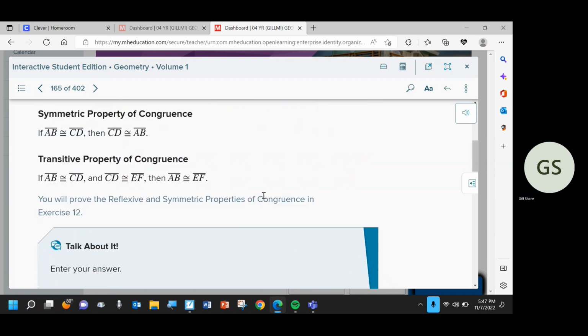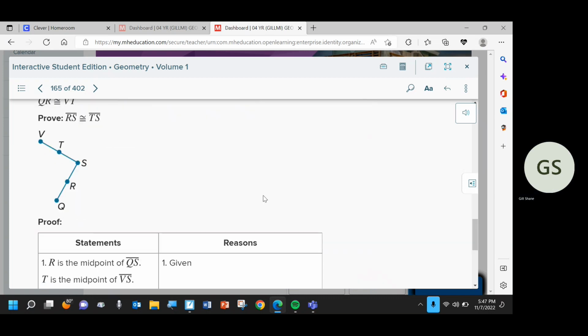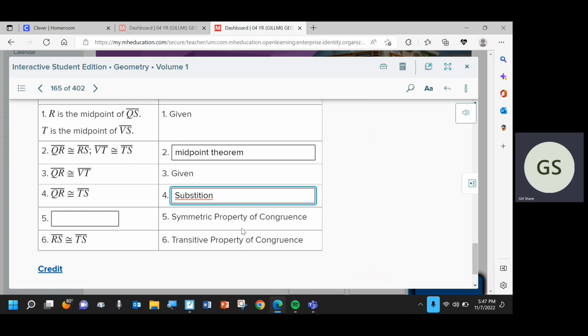My battery's going to die. All right, so our last step, again, they use the symmetric property right there. This was, I think, in the book, not transitive property, but something else.